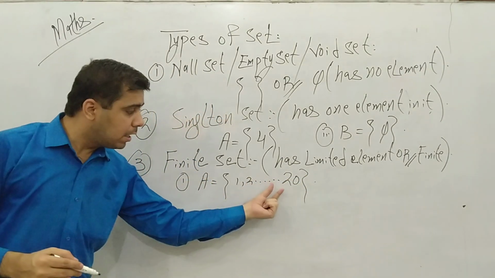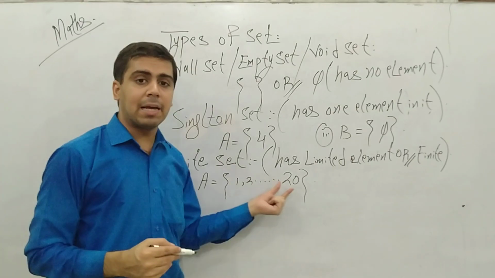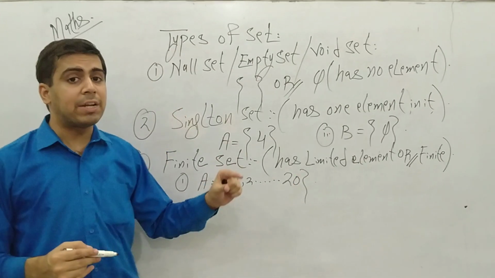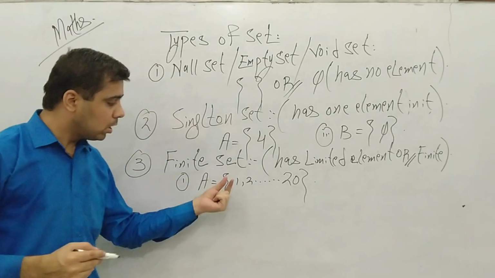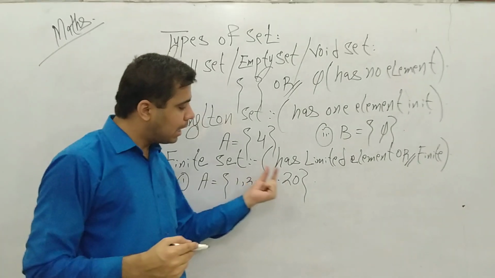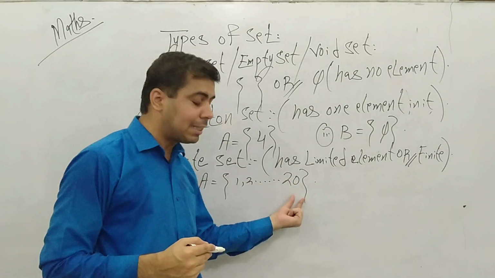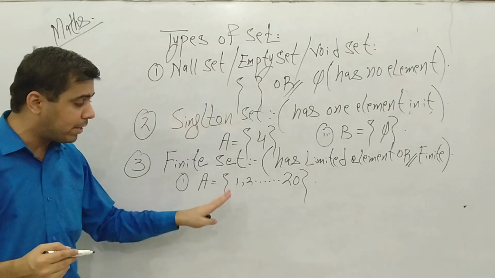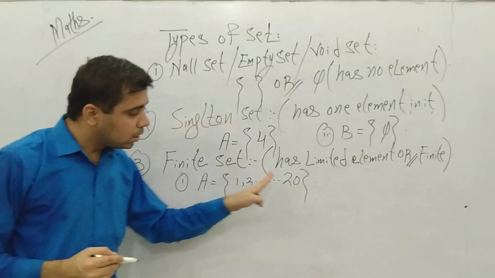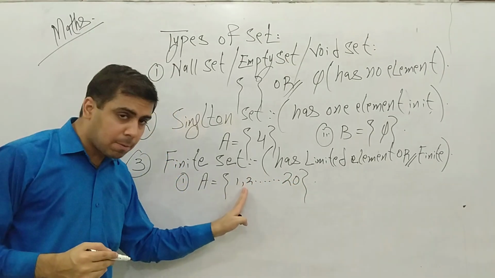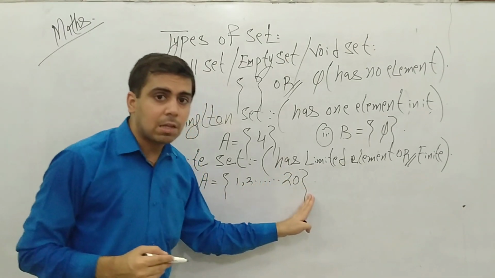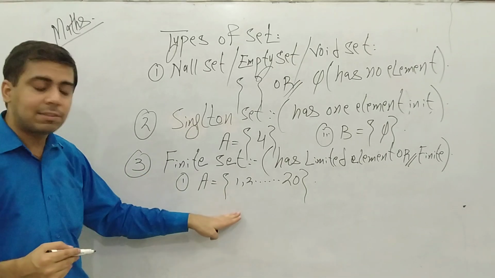Here the range or the limit of the elements is given. In this set your first number is mentioned and the last number is also mentioned; the range of these elements is given from 1 up to 20. It means this is your finite set.